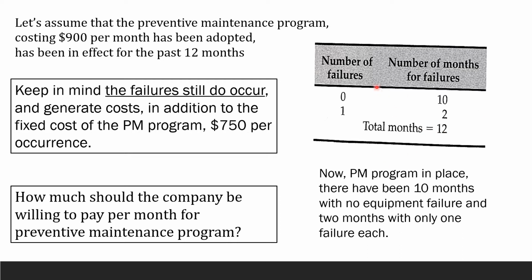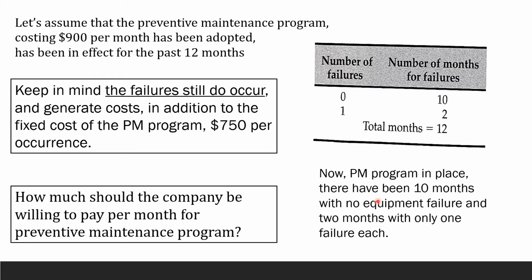So in this table, we have 0 failures in the first 10 months, and we have 1 failure in the next 2 months. Therefore, in total, the frequency of months is 12. So 1 times 2 is 2, 0 times 10 is 0, so you have 2 divided by 12.